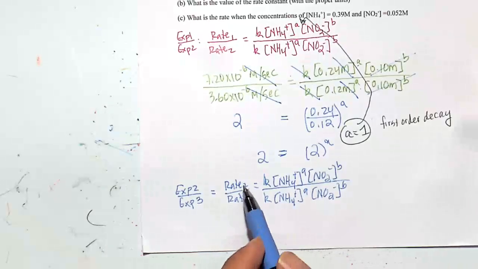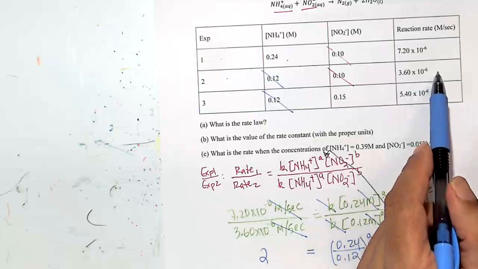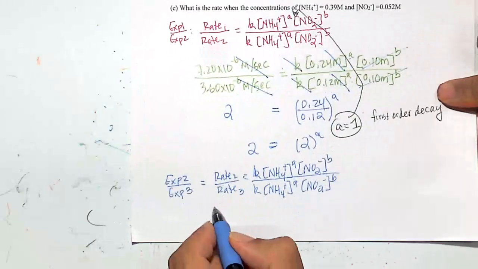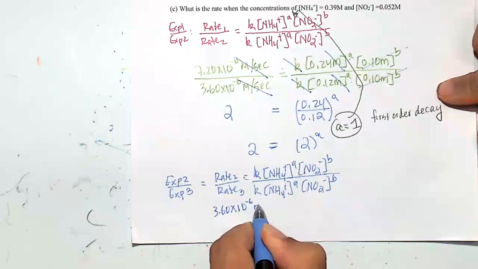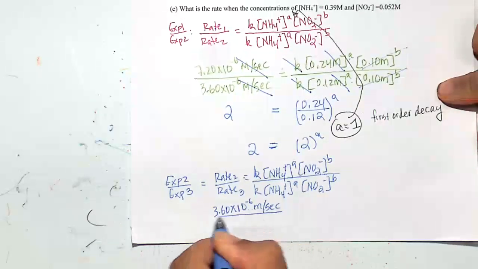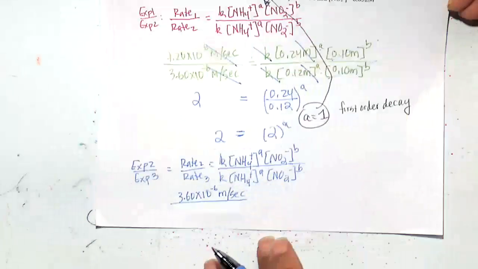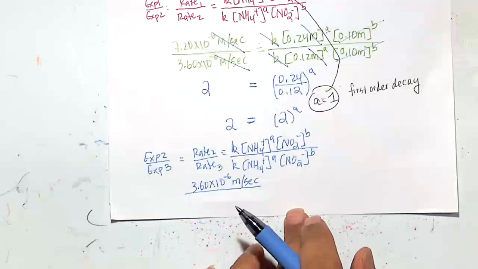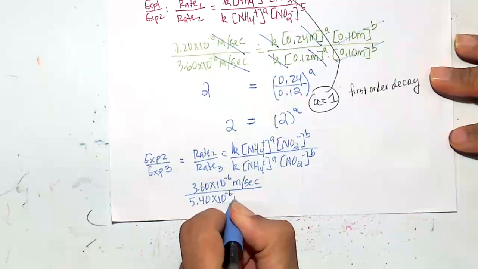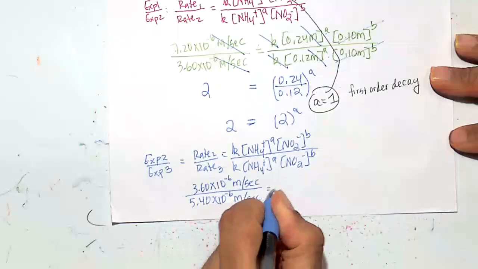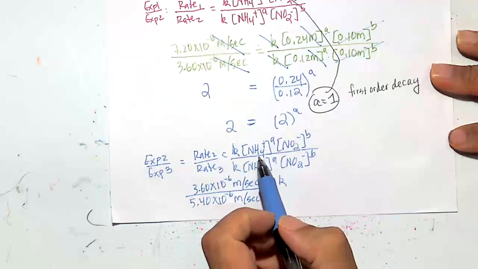Alright, so let's substitute our values in. Rate 2 is 3.60 times 10 to the minus 6 molar per second. Rate 3 is 5.40 times 10 to the minus 6 molar per second.